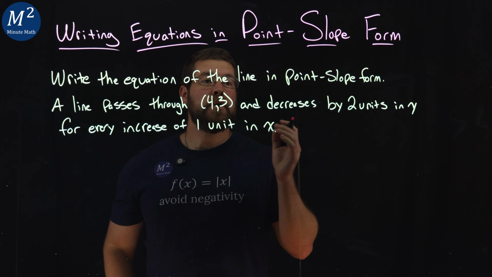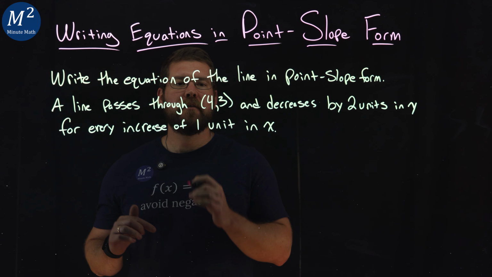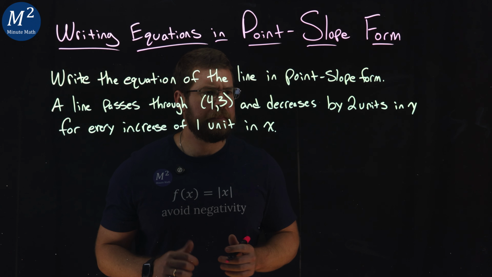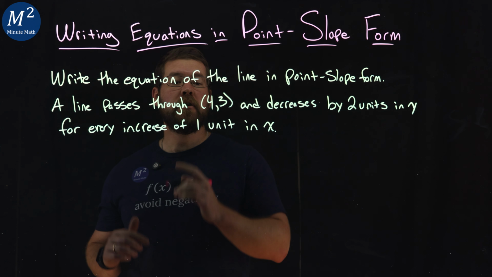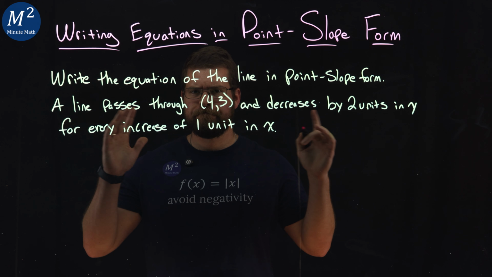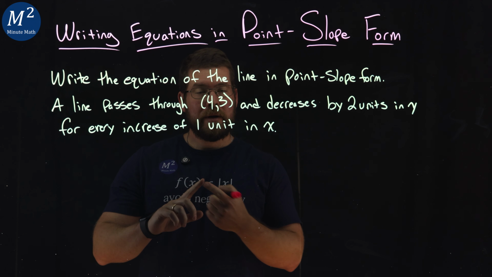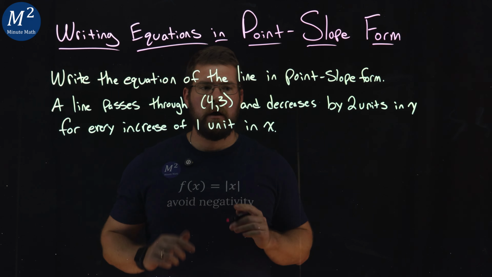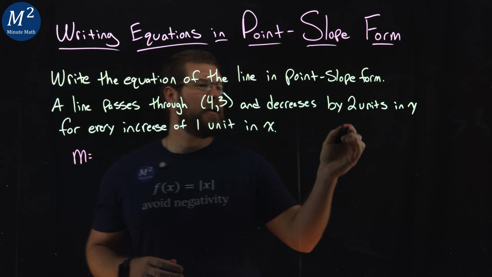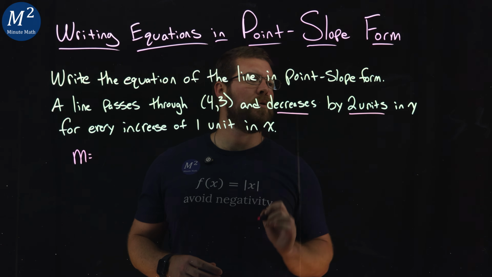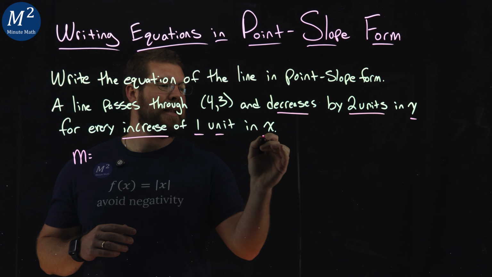Write the equation of the line in point-slope form. A line passes through the point 4, 3 and decreases by 2 units in y for every increase of 1 unit in x. All right, we need to extrapolate from this statement our point and a slope. Let's start with the slope, our m value. The key part here is it decreases by 2 units in y for every increase of 1 unit in x.